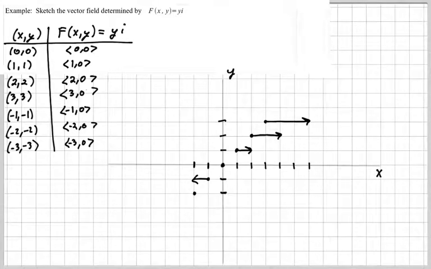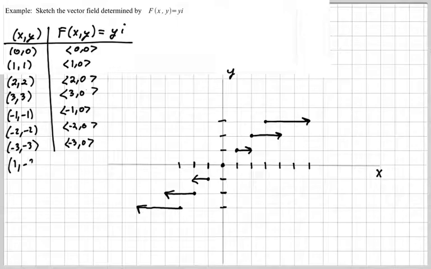The vector at (-2, -2) is going to be <-2, 0>. And the vector at (-3, -3) is going to be <-3, 0>. So it appears as the absolute value of y gets larger, the larger your vector is going to be.